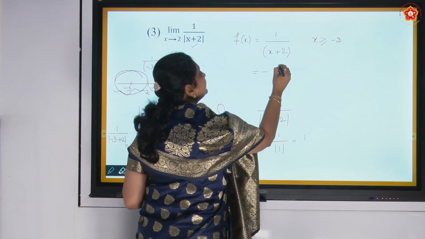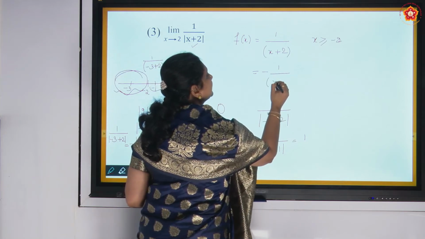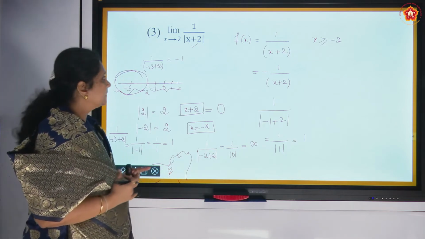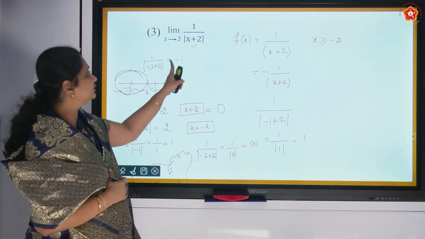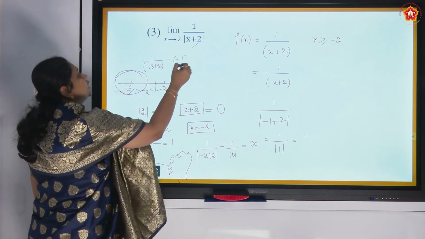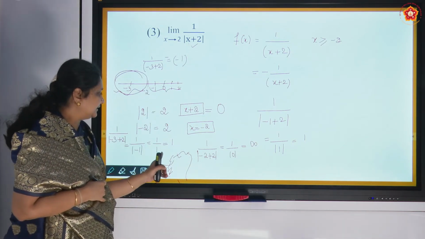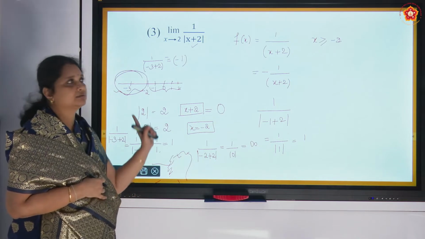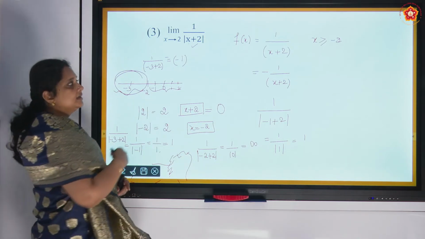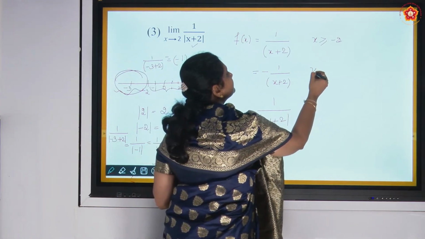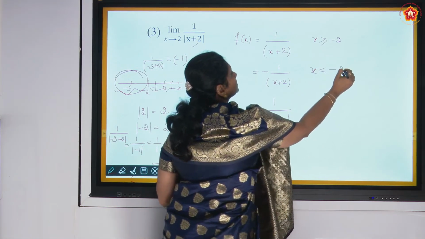It is negative of 1 by x plus 2. So when you put normal brackets, whatever value you get, if you change the sign, meaning you put a negative on the outside, you get the value of this absolute value function. Am I right? So this is the definition of the function when x is less than minus 2.